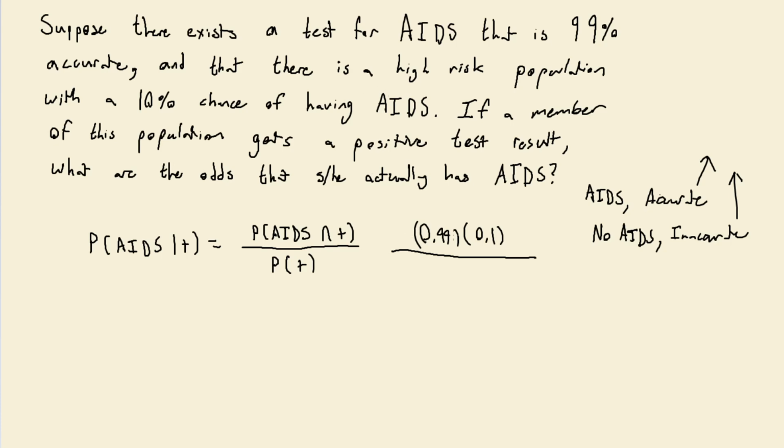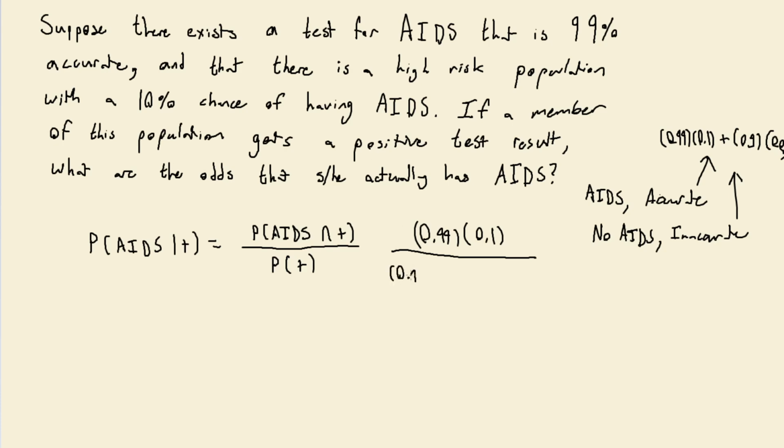The probability of having AIDS and the test being accurate is that 99% accuracy multiplied by the 10% chance of having AIDS. And the probability of not having AIDS here would be 90% multiplied by the 1% chance that the test is inaccurate, right? So that would be that false positive, 0.01. And that's kind of bleeding off to the side of the screen here, but I'm going to rewrite it there.